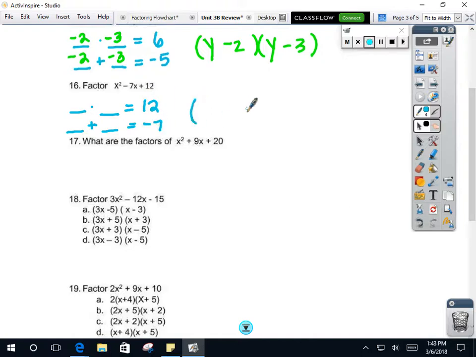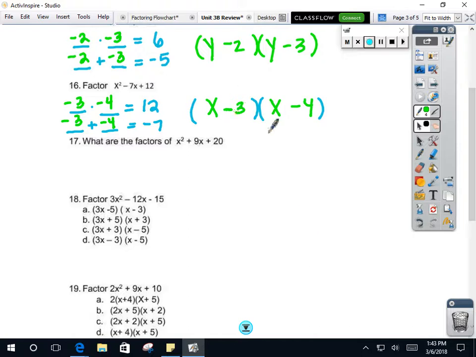And then you write those in 2 binomials, and these are called factors. And what numbers will do that? A negative 3 and a negative 4. Okay, they use x's in this trinomial, so we'll put x times x to give us the x squared, and then negative 3 and negative 4. It does not matter. You could have put the x minus 4 first.